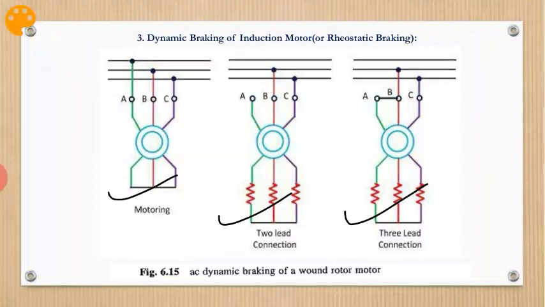So in a 2 lead connection, we are disconnecting one phase, any one phase. Here in this case phase A is disconnected and B, C are left connected. This connection is called the 2 lead connection.